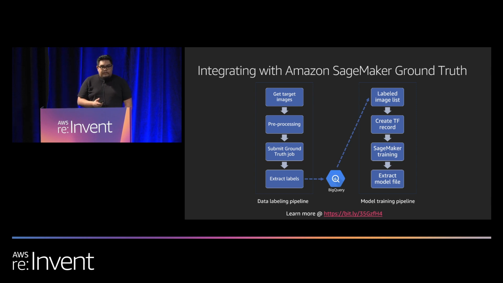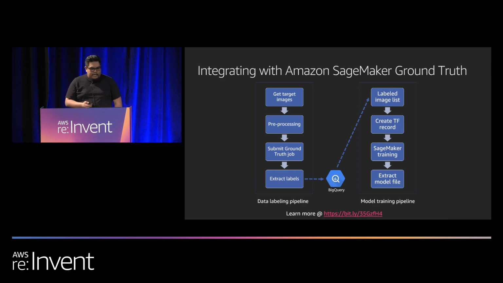Then when we're ready to train a new model, we essentially get a list of images to train on, based on previous public datasets or things we got labeled. We transform these images into a format that our training container can understand, namely TF records. Then we kick off a training job, in this case a SageMaker container.